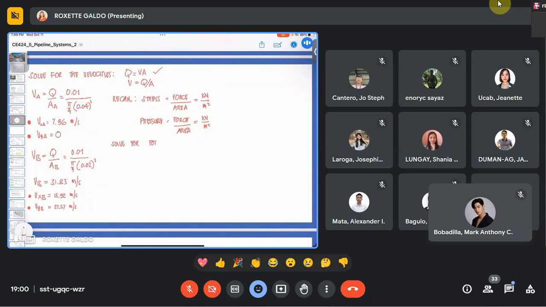So now, solving for forces, we are asked to solve for FA. Based on what we have recalled, the force at A is equal to what?